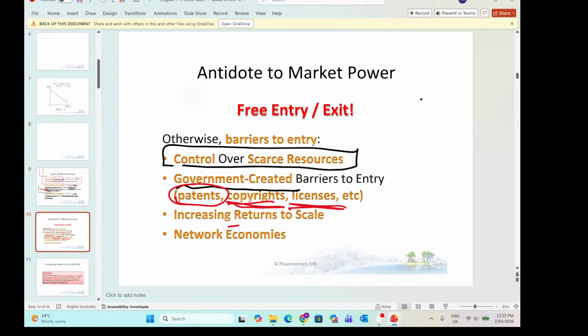Returns to scale often give big firms an advantage. So increasing returns to scale give advantages to big firms, and also network economies. I'm going to talk to you about those two things.